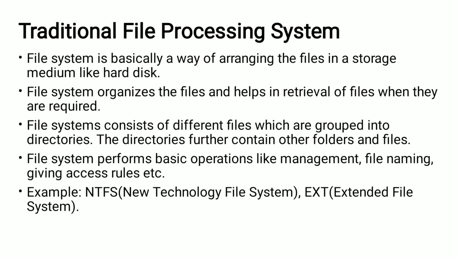For accessing a particular file, we need the location of that particular file, first, and second, we need the format of that particular file. It is text, word, audio, video.